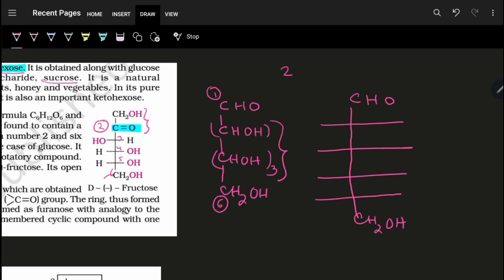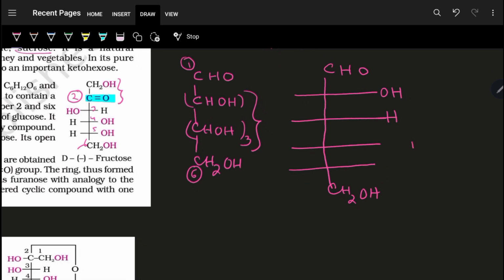Remember 2, 1, 2, 2, which in the previous module I have already said: 2 is OH, 1 is H. So 2, 1, 2 and 2. This is the configuration of the right hand side, and accordingly it is H, OH, H and H, and this is for D plus glucose.